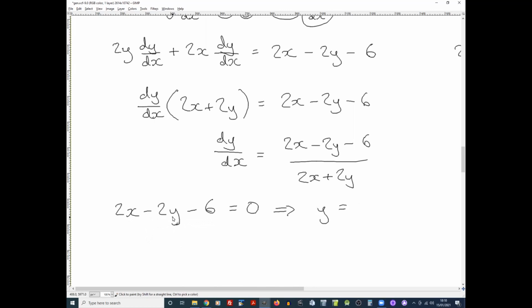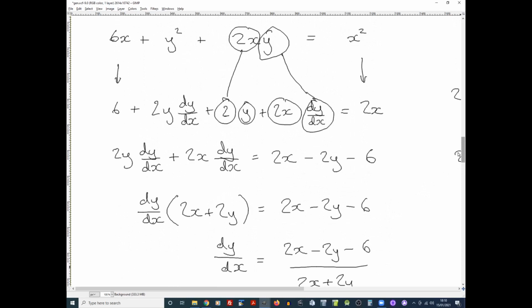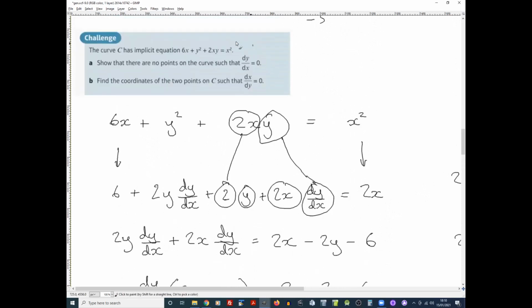So y would be x minus 3. And perhaps we can end up showing that it would turn this into a quadratic in x, which has no solutions, which is never equal to 0. So y equals x minus 3.